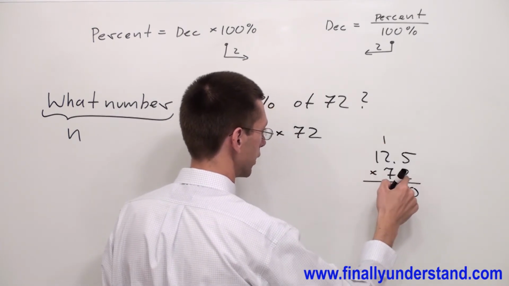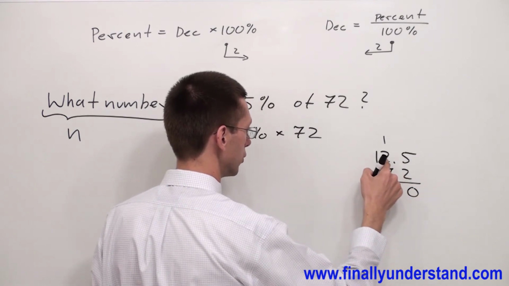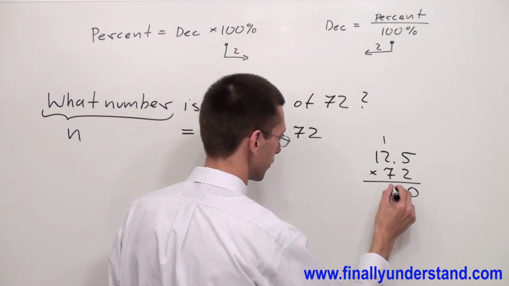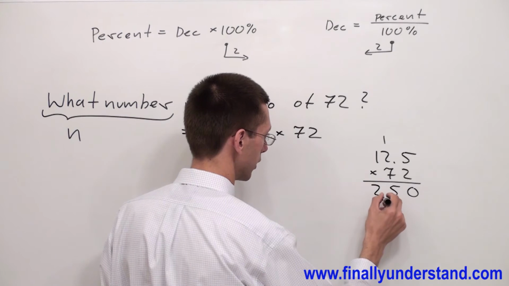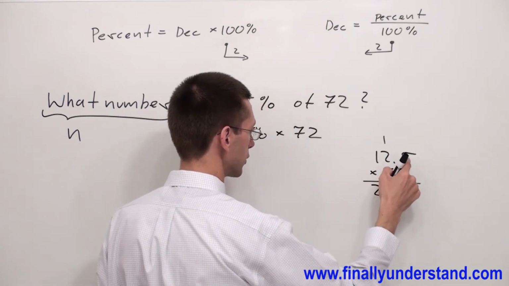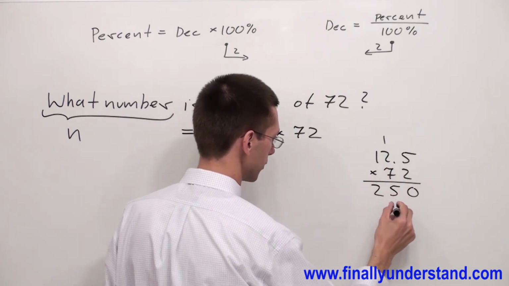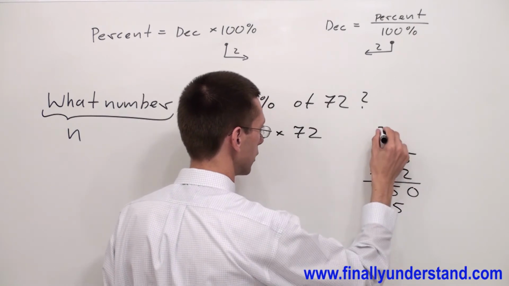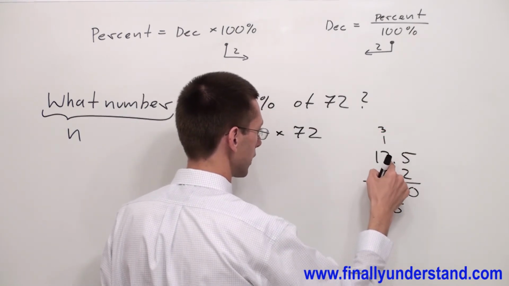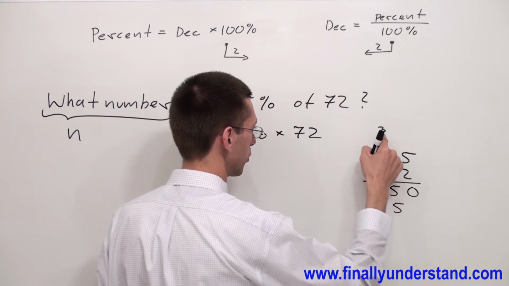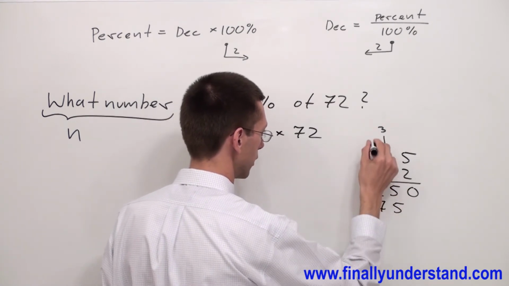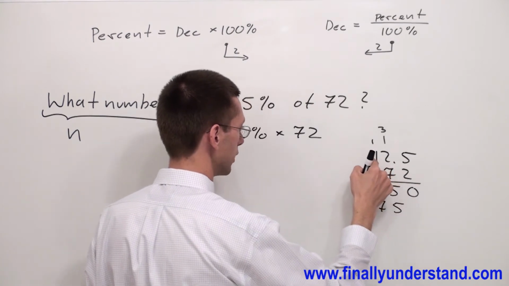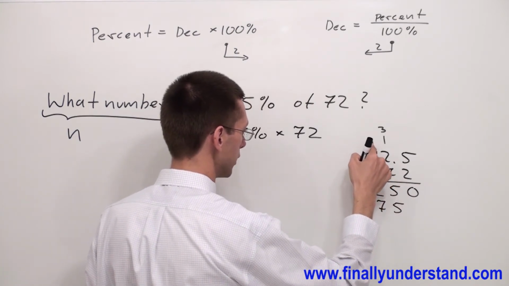Carry 1. 2 times 2 is 4, plus 1 is 5. 2 times 1 is 2. 7 times 5 is 35. 7 times 2 is 14, plus 3 is 17. 7 times 1 is 7, plus 1 is 8.